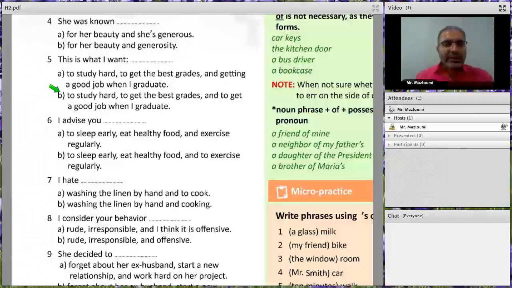We have infinitive phrases here. To do something, and to do something. But if you check out A, well, the first one is an infinitive phrase. The second one is an infinitive phrase. But the third one is a gerund phrase, which means the structures are not parallel.